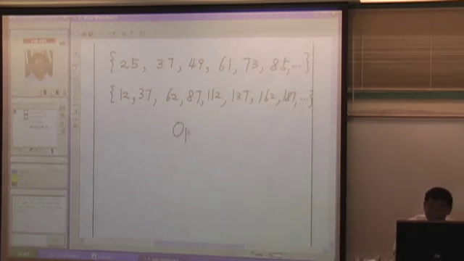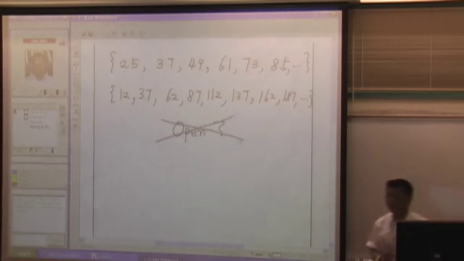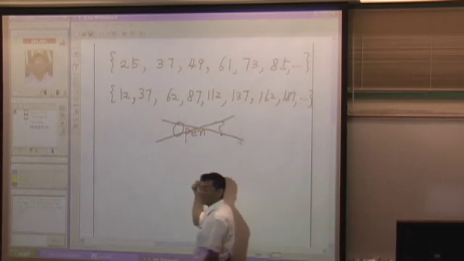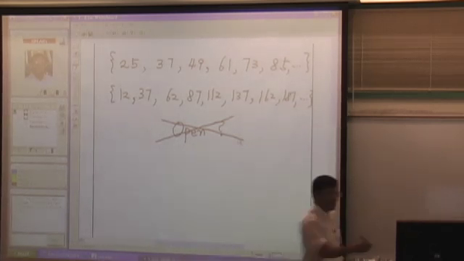My question is, is this open or not? This is not open. Somebody figured it out and proved it.